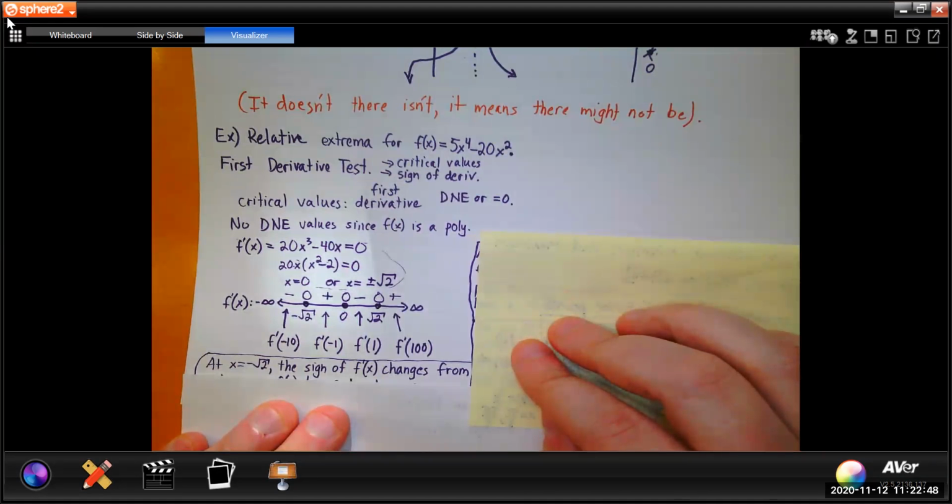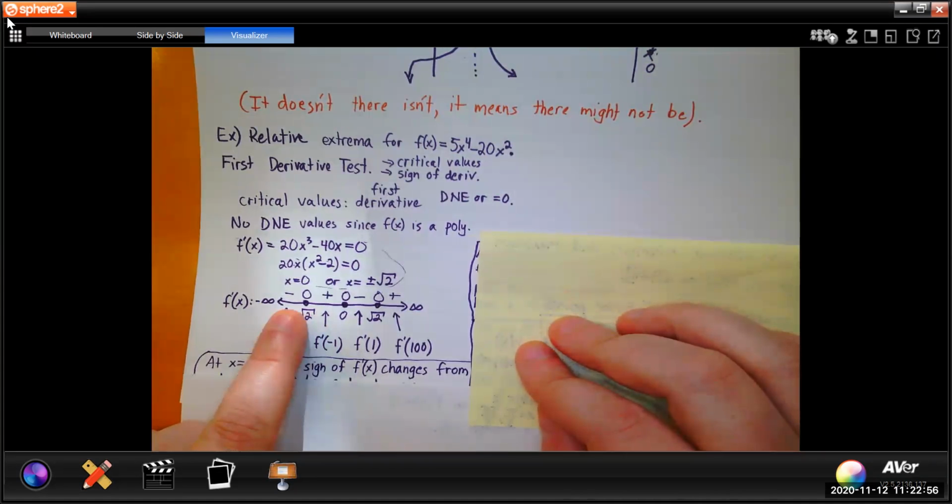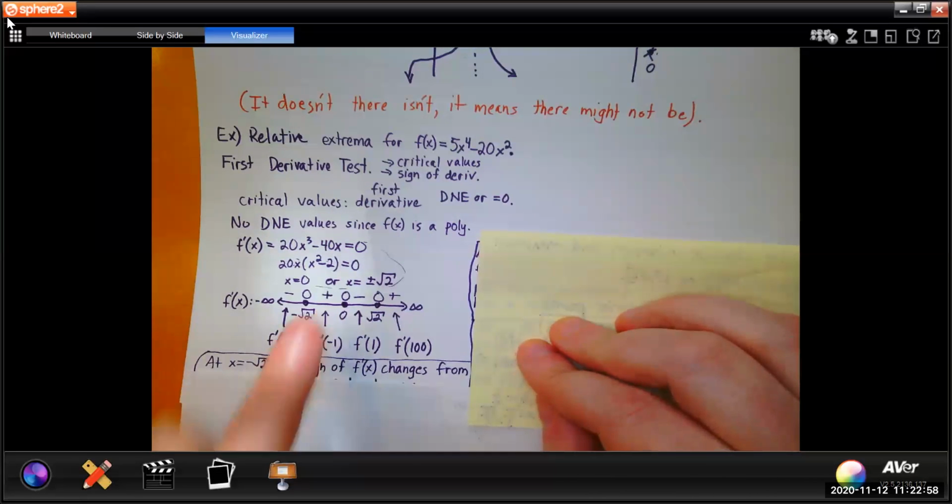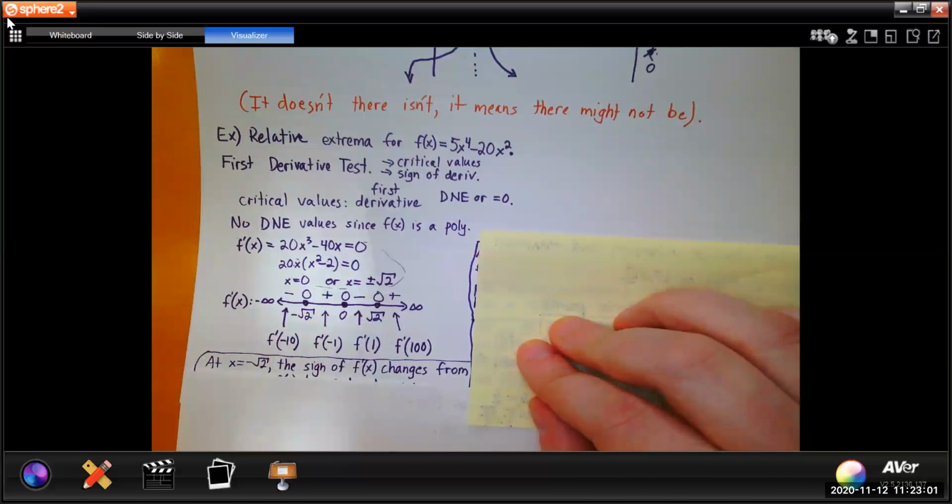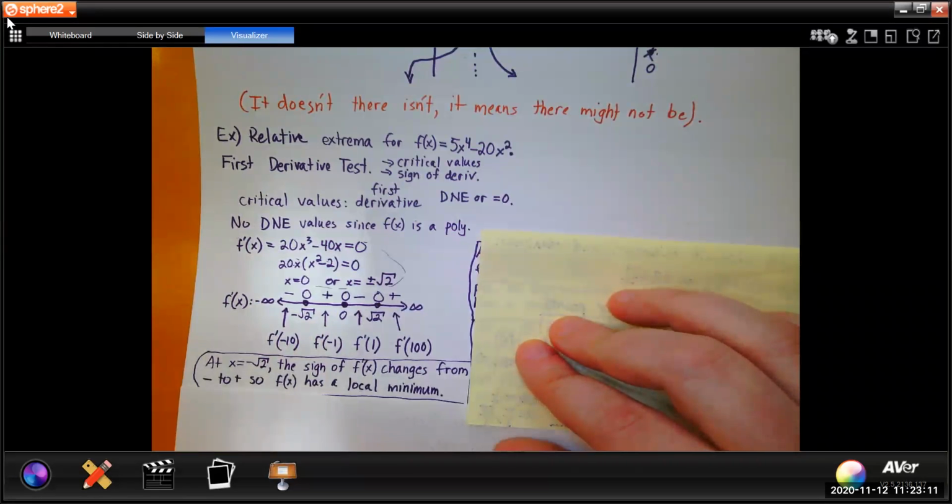At x equals negative root 2, the sign of f prime changes from, well, what is it before? It's negative. What is it after? Positive. So what does that make me think about? It makes me think about a decreasing function that's then increasing. So decreasing to increasing, relative minimum. Sign change from negative to positive, local minimum at negative root 2.